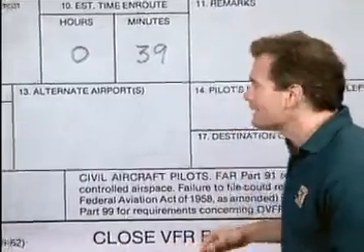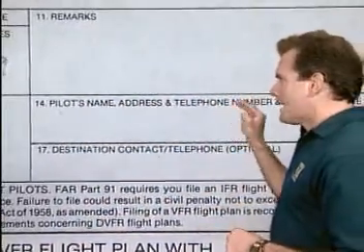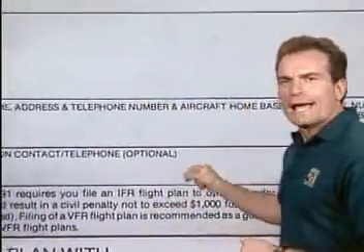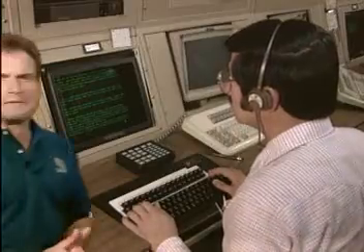In Block 14, you're asked to enter your name, address, telephone number, and your aircraft home base. Enter enough information so that flight service can easily locate someone knowledgeable about the airplane and the flight.